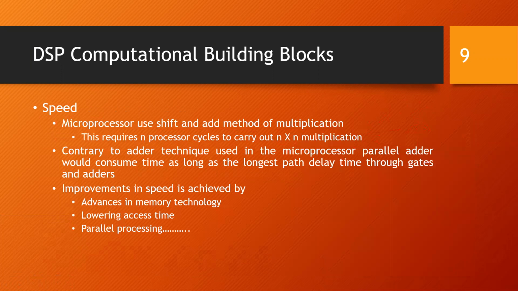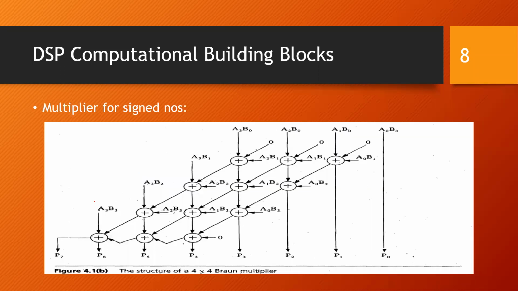So that is one thing. Then for addition, we go in for a parallel adder. When I'm going for a parallel adder, the longest time taken will be equivalent to the longest path delay present. As I showed previously, that was a multiplier. Now let us assume that this is just an adder, where I am adding n number of bits together.